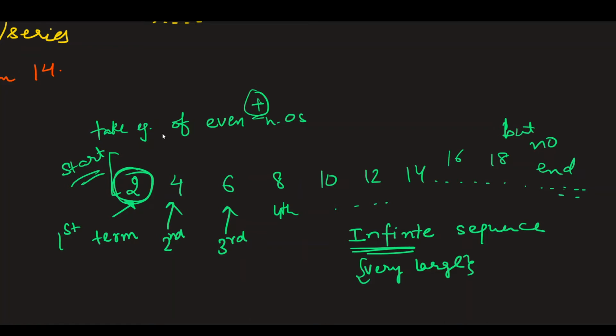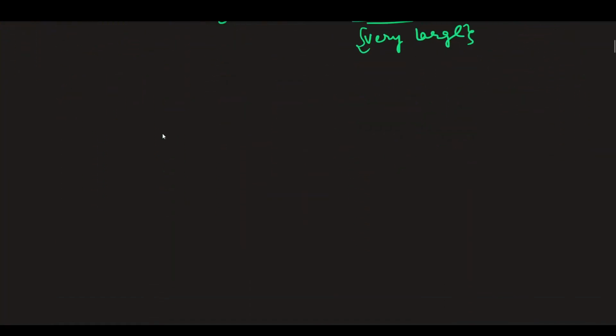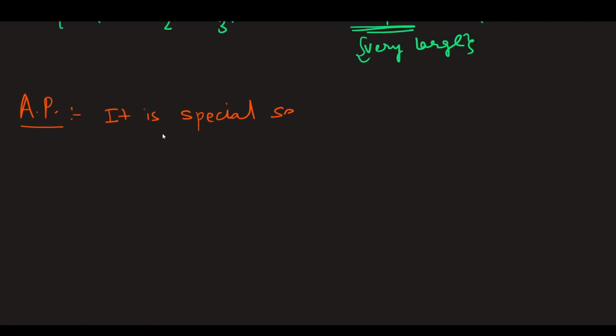Okay, so now we move on to arithmetic progressions. It is a special series. Suppose we take the example of the previous sequence, even positive integers. Then the series would be 2, 4, 6, 8 and 10.